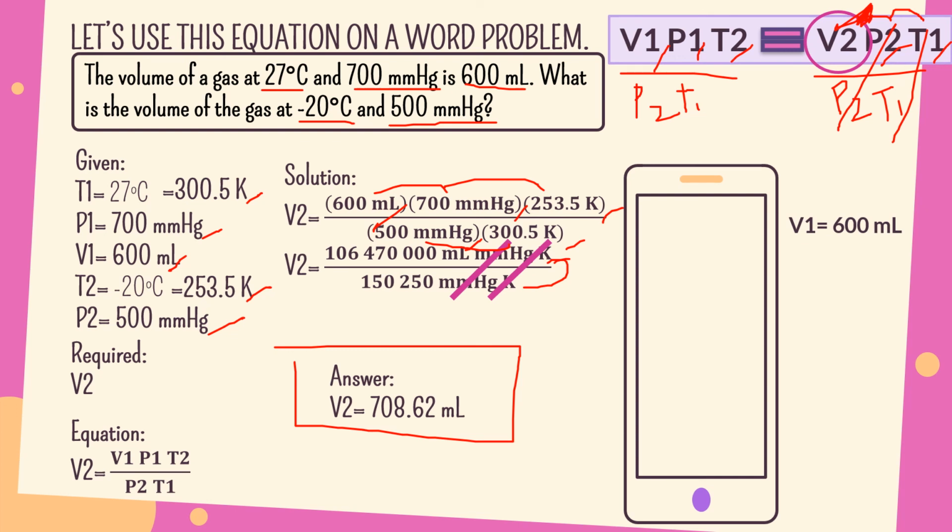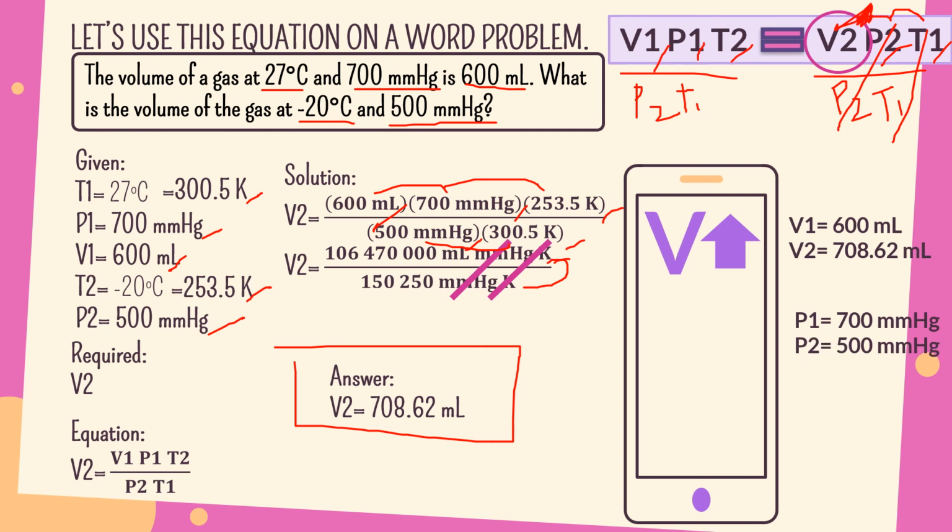So volume has an initial amount of 600 ml, which changes into 708.62 ml. So as you can see, our volume increases. As for the pressure, from 700 millimeter of mercury, it changes into 500 millimeter of mercury. So our pressure decreases.